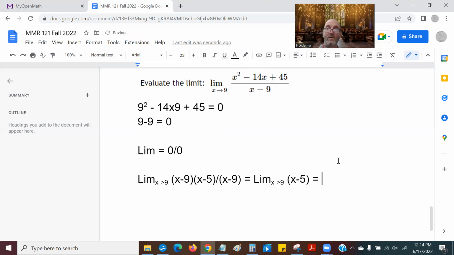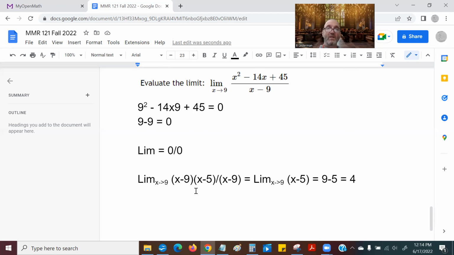But now there's nothing bad. If I just plug in 9 minus 5, I'm not going to get anything that's undefined. I'm just going to get 4. So I took something that was unpluggable, because it would have given me an undefined denominator.